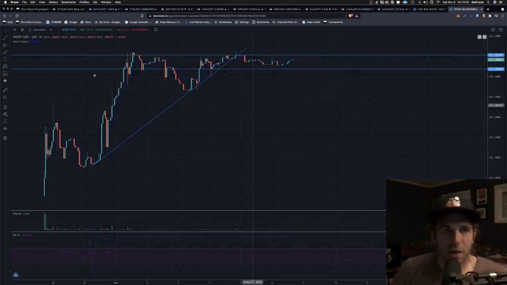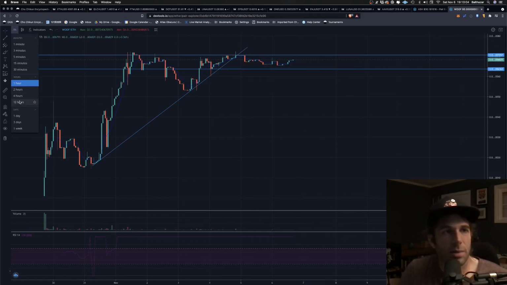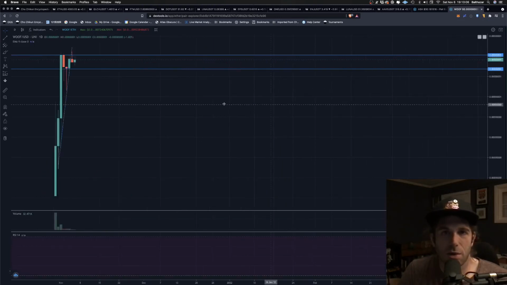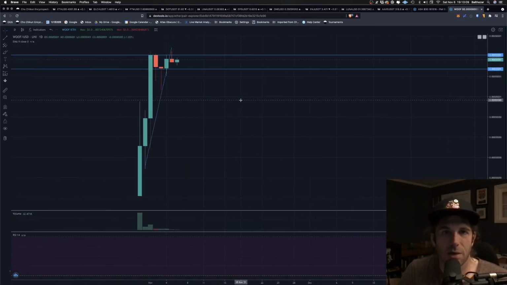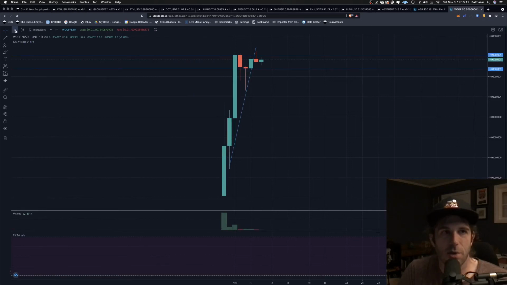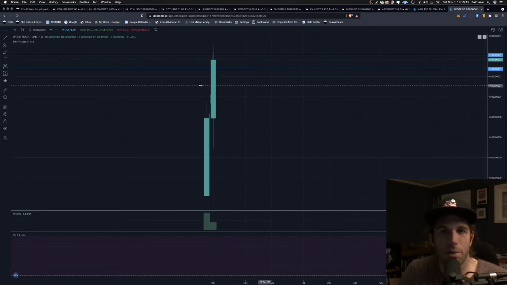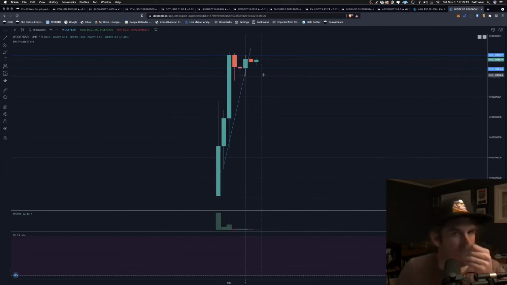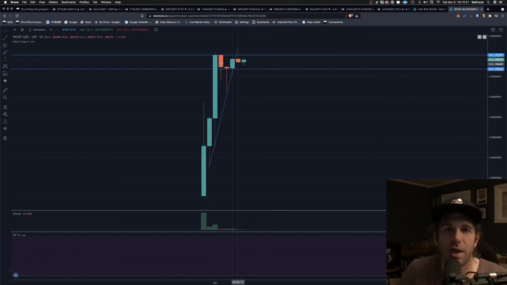So I'm probably not going to be entering this token right now because it's just a little bit too hard to tell what's going on. I think given the setup, the daily is probably most clear. It's possible that this could be essentially a large bull flag.